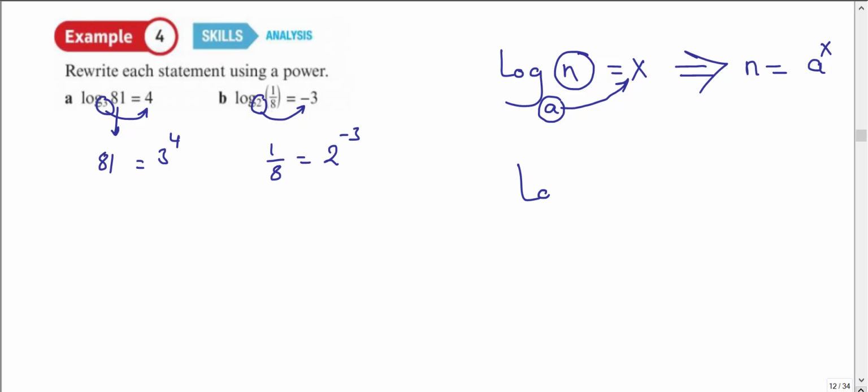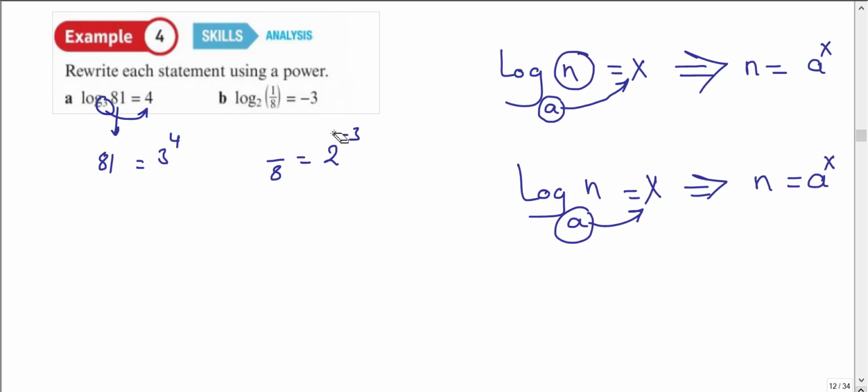Again, if I have log n base a equals x, to change the logarithmic form to index form, n equals a to the x. Are you following?